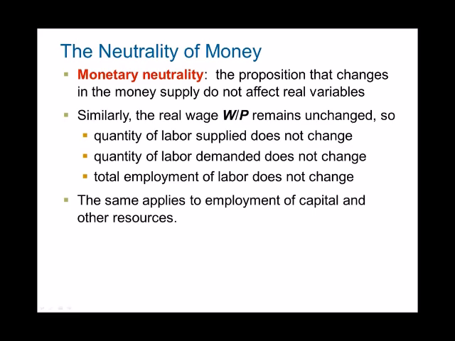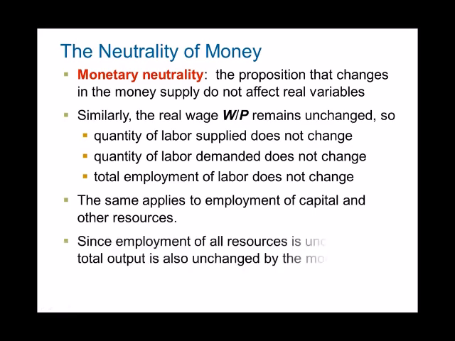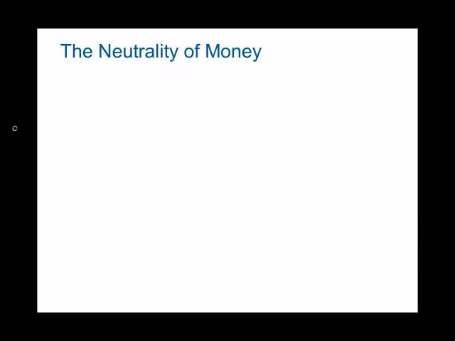The same idea applies to employment of capital and other resources. Since employment doesn't change at all, total output remains unchanged by the money supply. So nothing really changes, and that's what classical economists believe. If you increase money supply, it doesn't affect any real variables. It affects nominal variables. Prices go up, but since all prices go up, including wages, none of the real variables change.